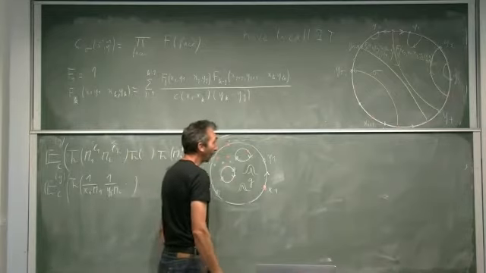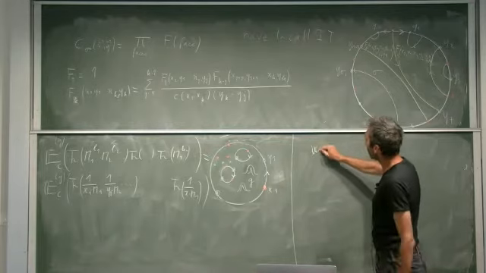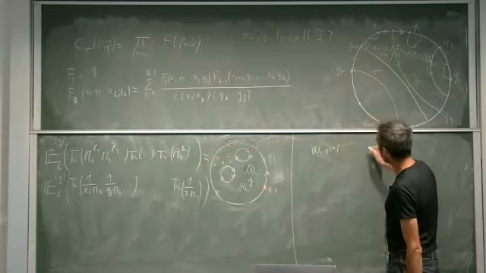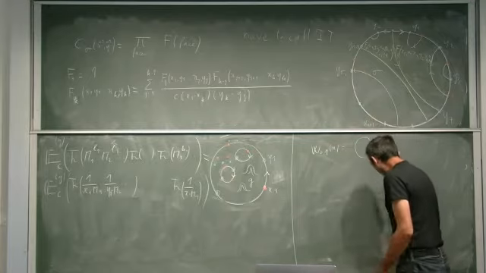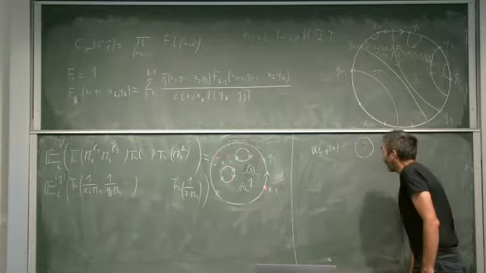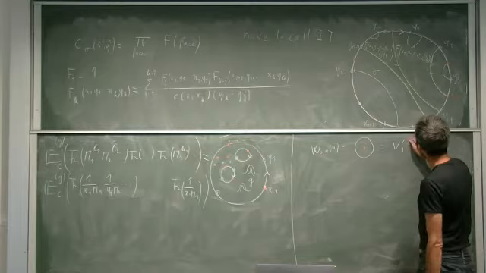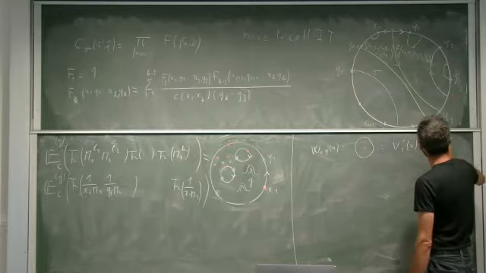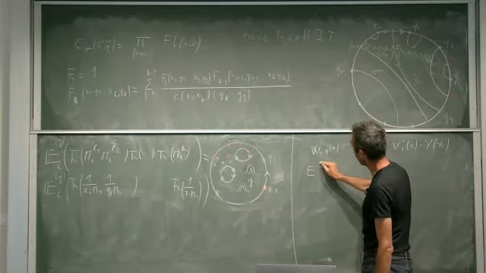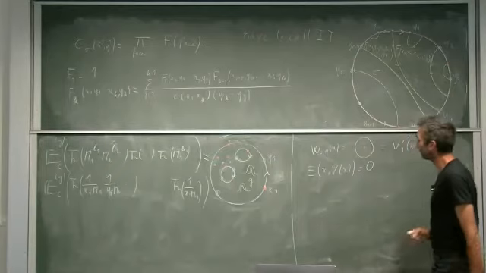So far, what are the ones that we have computed? We have computed W01 of x, which in my notation is a sphere with a single point x. And we have computed it, and in my notation, it was V prime 1 of x minus y of x, where you remember that y of x was a solution of the algebraic equation E of x, y of x equals 0. Okay.